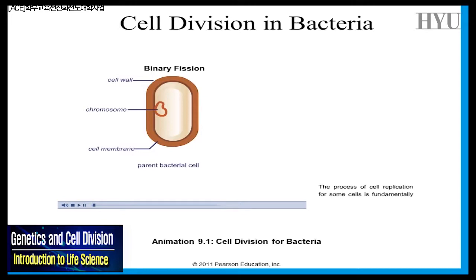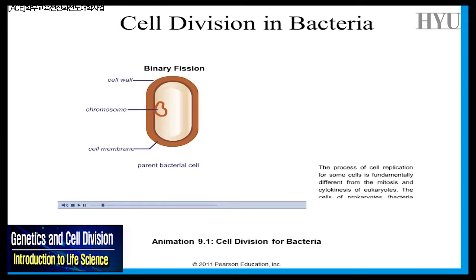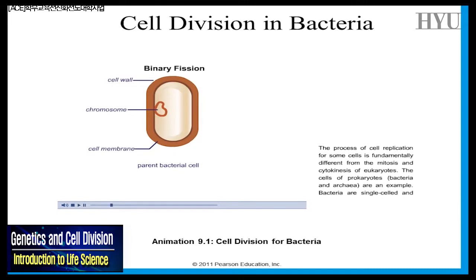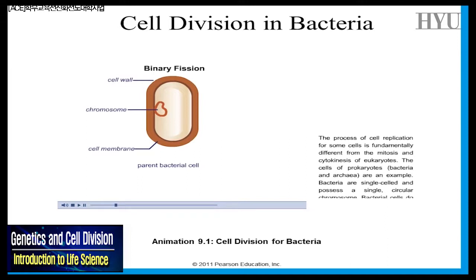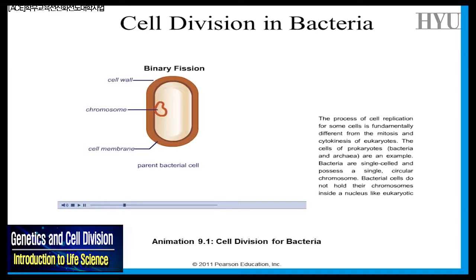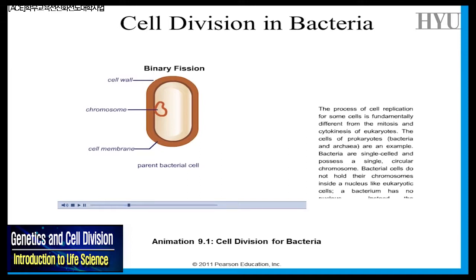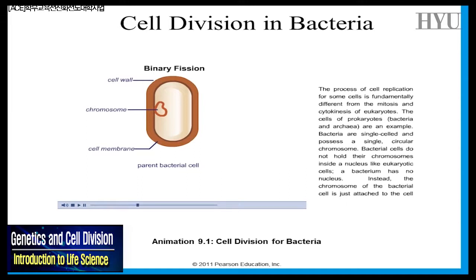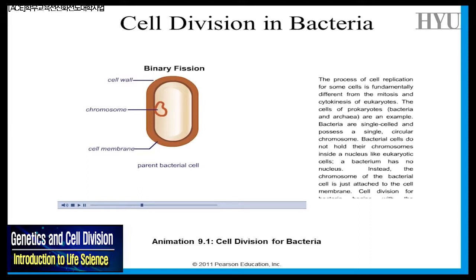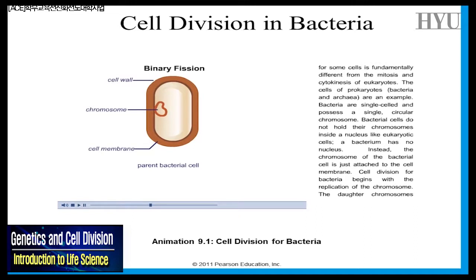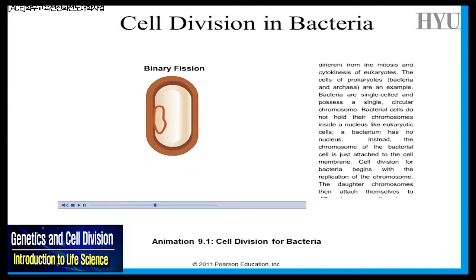The process of cell replication for some cells is fundamentally different from the mitosis and cytokinesis of eukaryotes. The cells of prokaryotes, bacteria and archaea, are an example. Bacteria are single-celled and possess a single circular chromosome. Bacteria cells do not hold their chromosomes inside a nucleus like eukaryotic cells. A bacterium has no nucleus. Instead, the chromosome of the bacteria cell is just attached to the cell membrane. Cell division for bacteria begins with the replication of the chromosome.